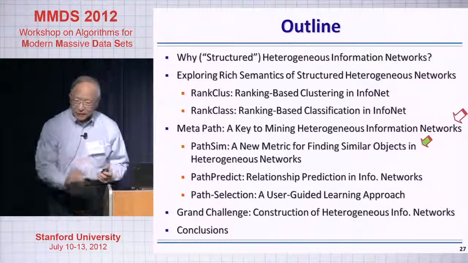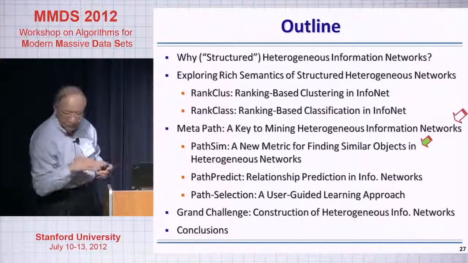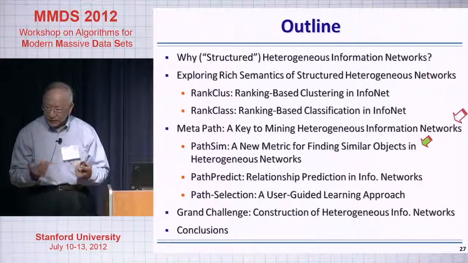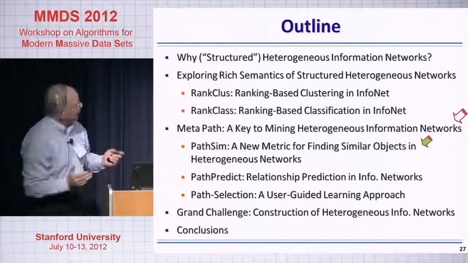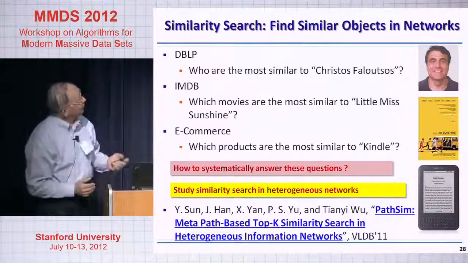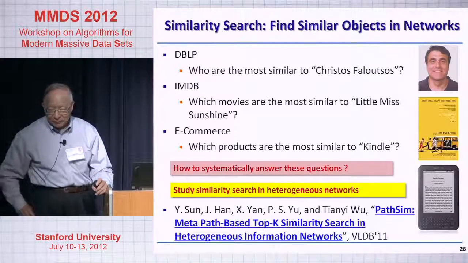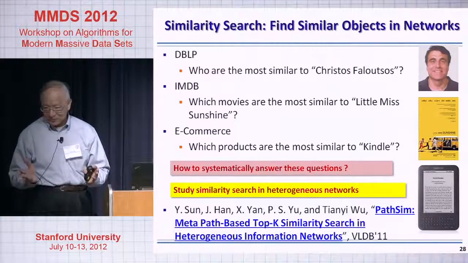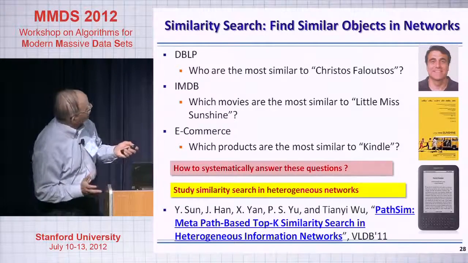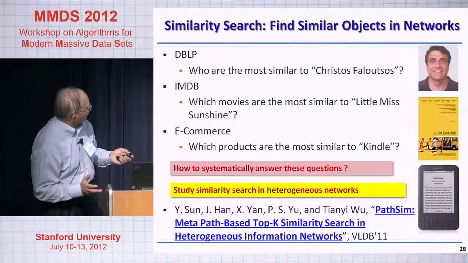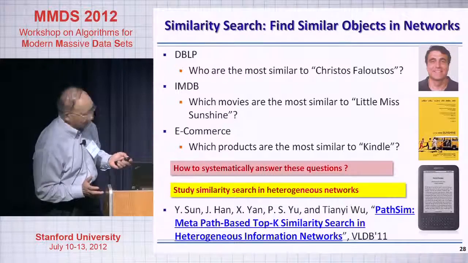The first thing I want to discuss is the similarity measure. How can we judge who and who are really similar? For example, we may pick Christos Faloutsos at CMU. We say, who is most similar to Christos? Or you may take a Kindle, the reader.